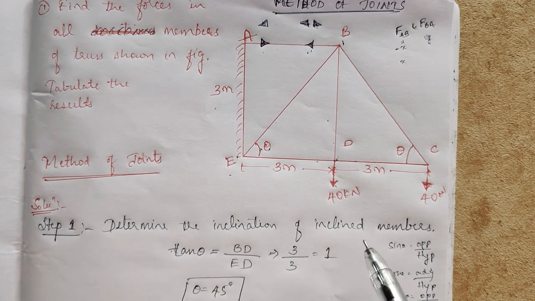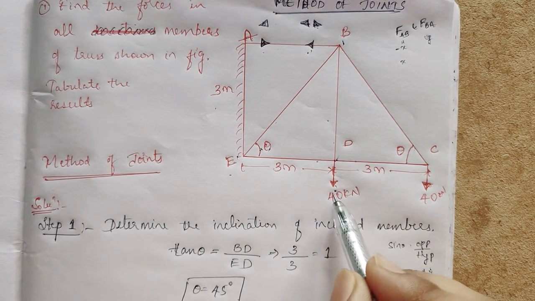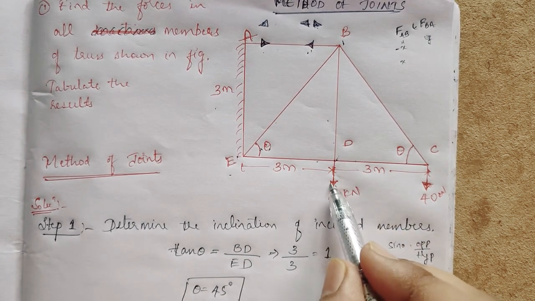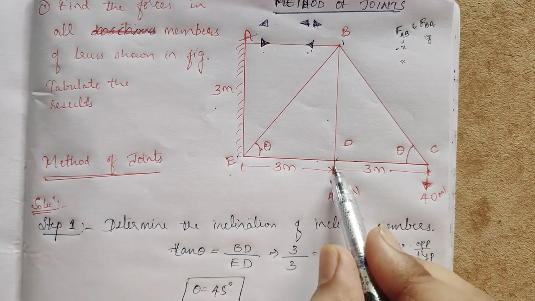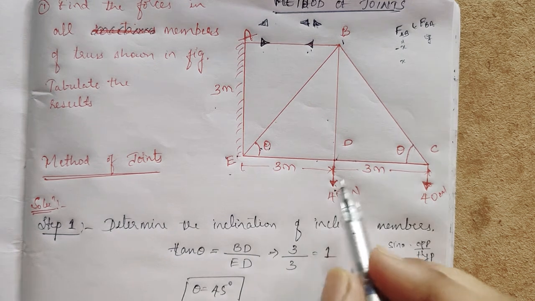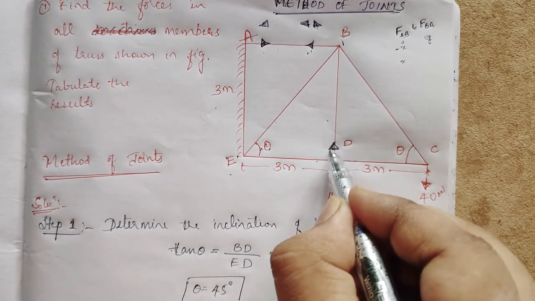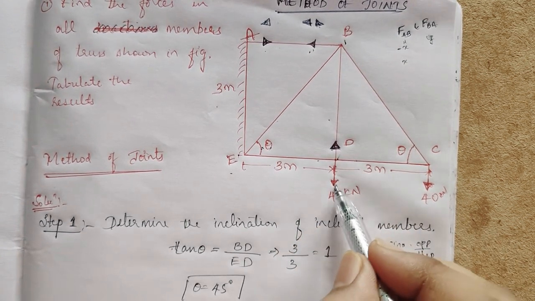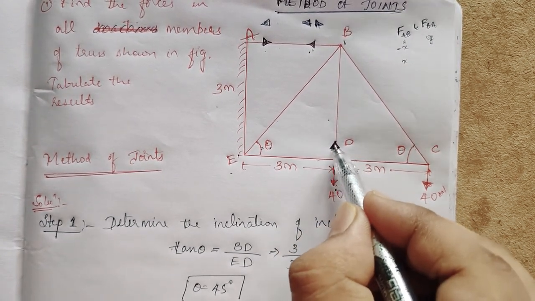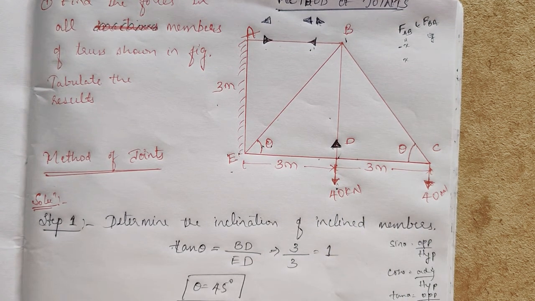Before that, I'll mark some of the forces. See here 40 kilonewton is there, it is going outwards. At D, the force is going outside, and the reaction is like this. So when one reaction is like this, what will be the internal reaction? Correct, this is all assuming. If 40 kilonewton is like this, this will be opposite and equal to that.